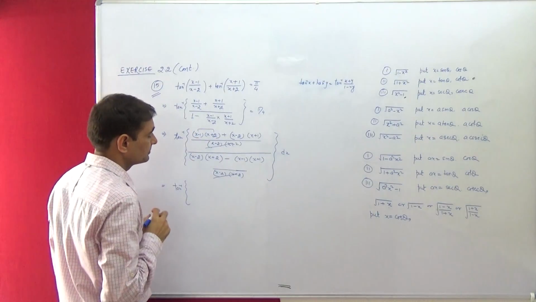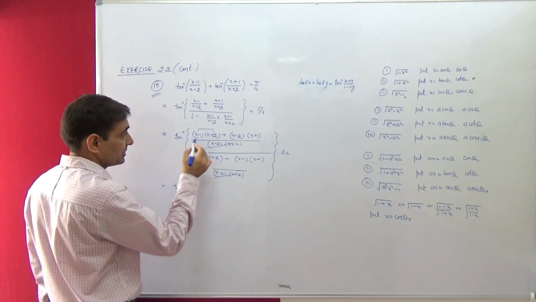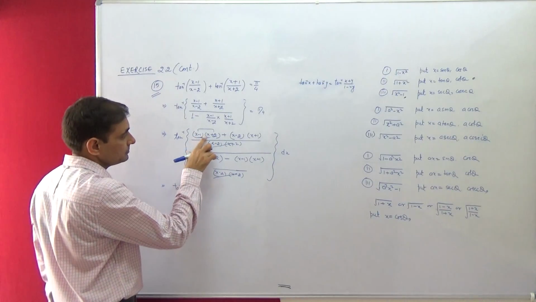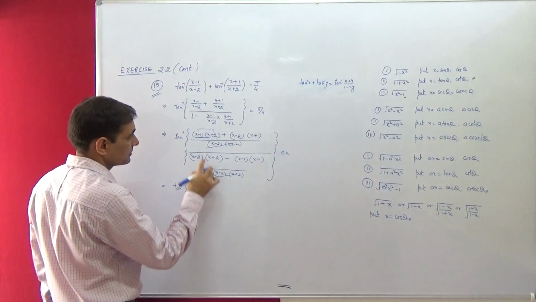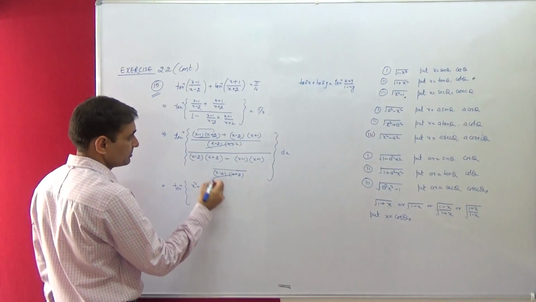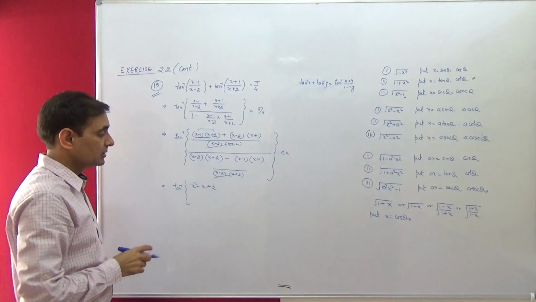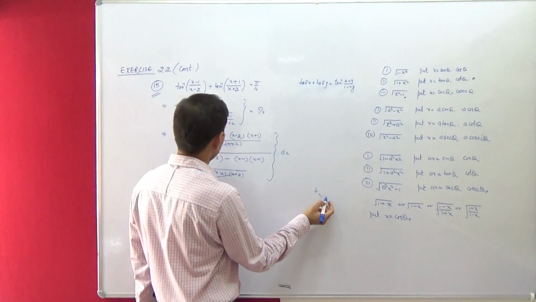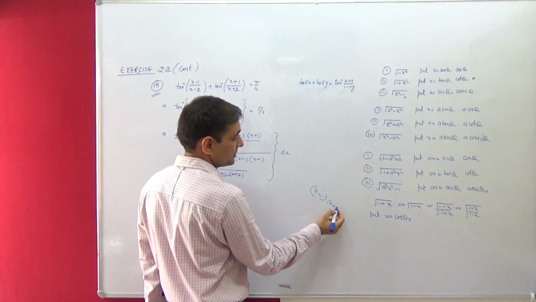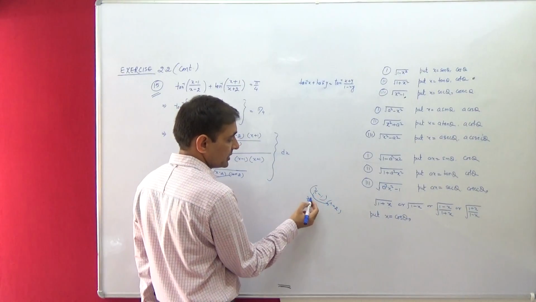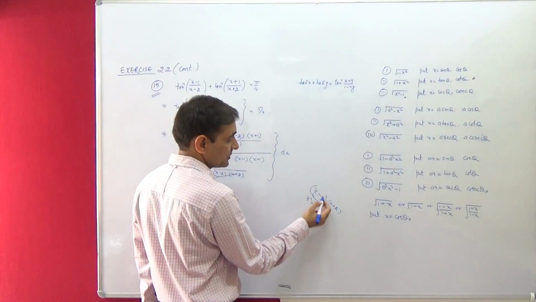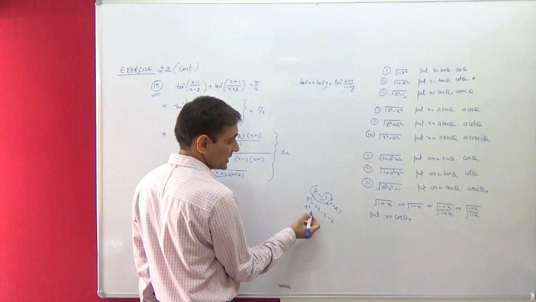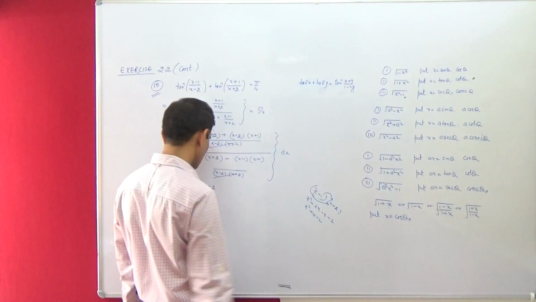Now the multiplication of these two will be x square plus x minus 2. If you simplify this multiplication, x minus 1 into x plus 2, you will get x square plus 2x minus x minus 2, so this is x square plus x minus 2.